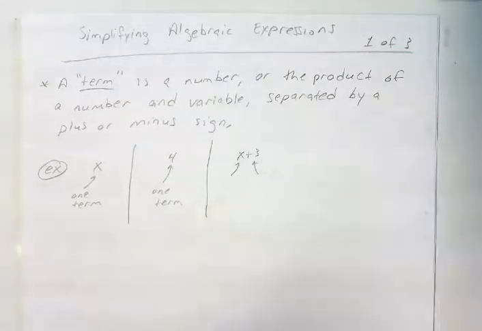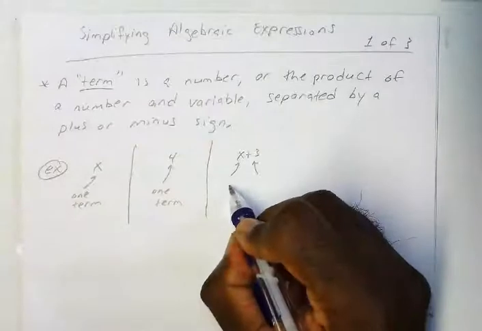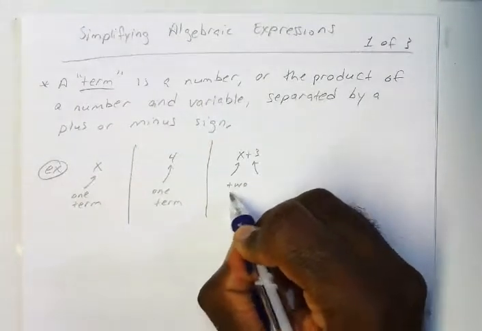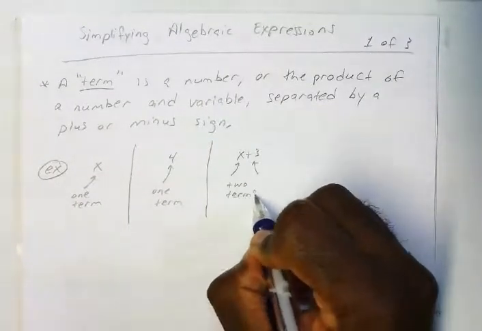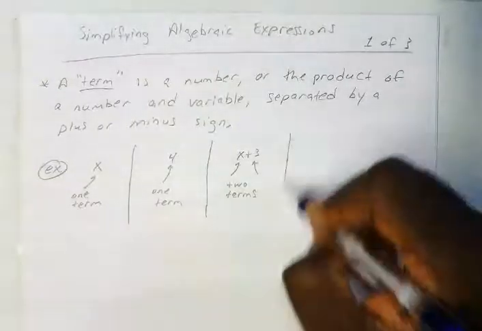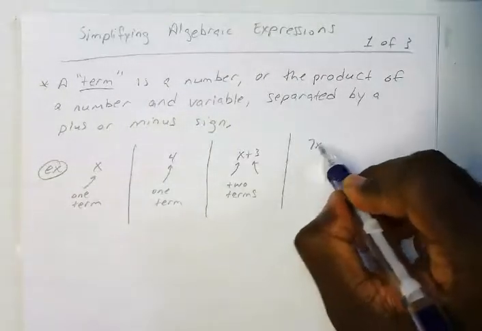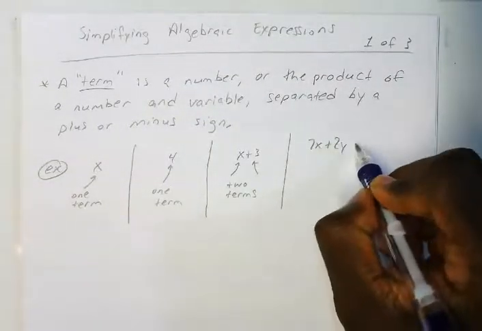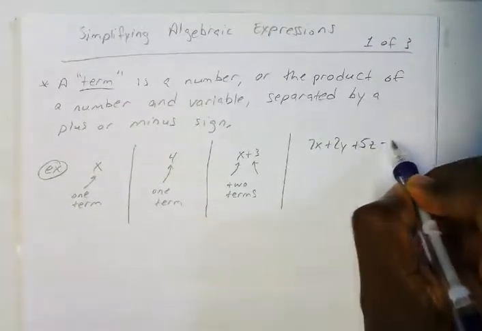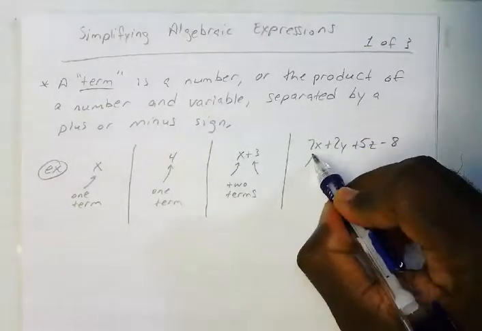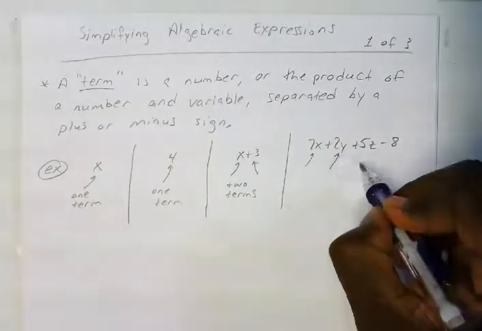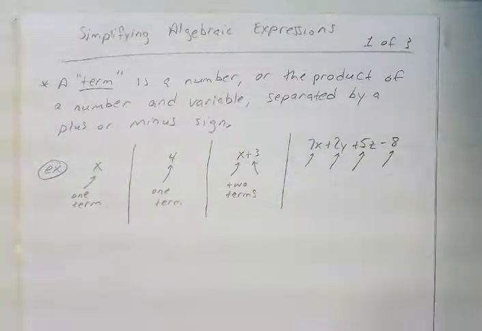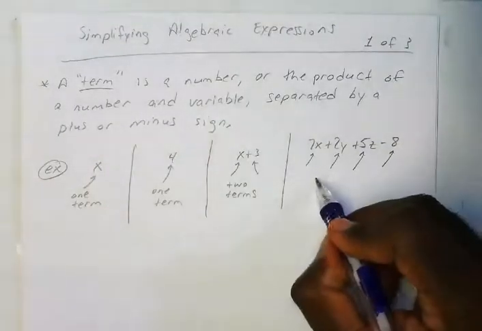Each of those separated by that plus sign would be 2 terms. Or even if you have 7x plus 2y plus 5z minus 8, you have 4 terms.